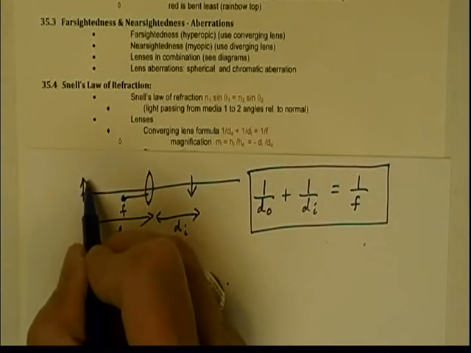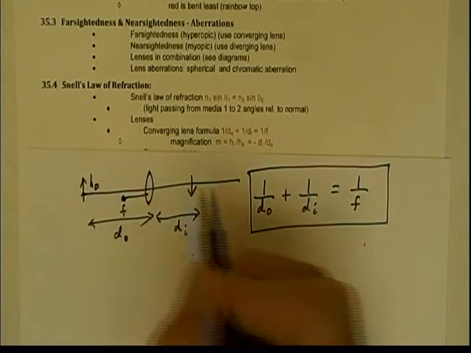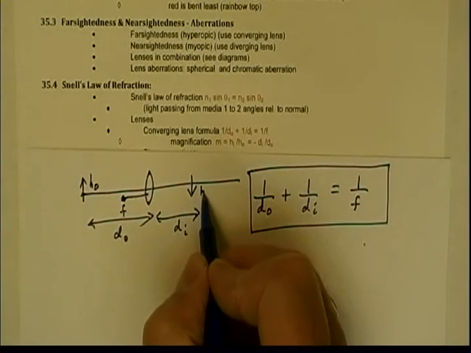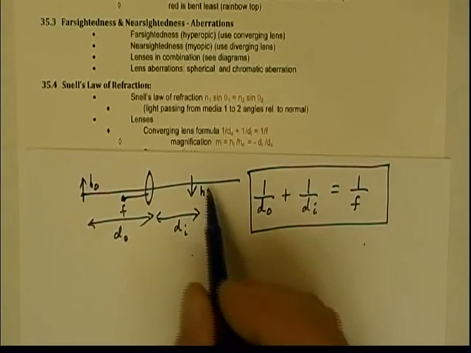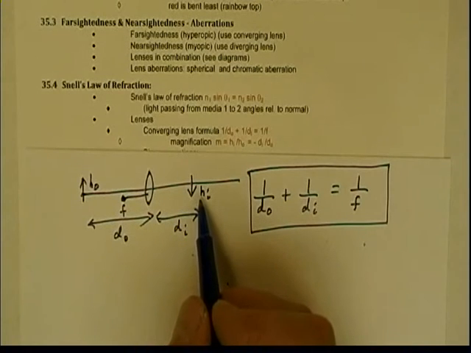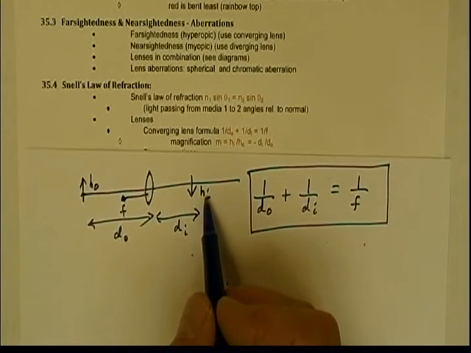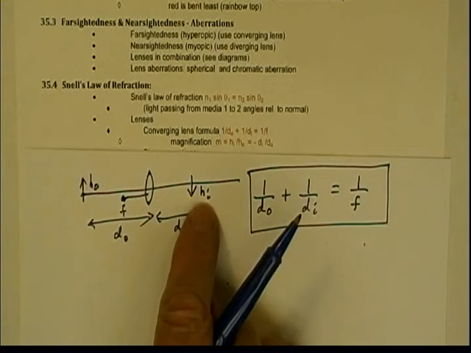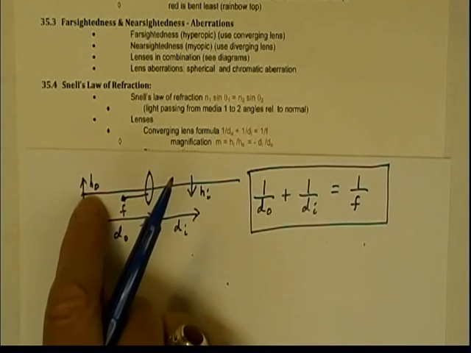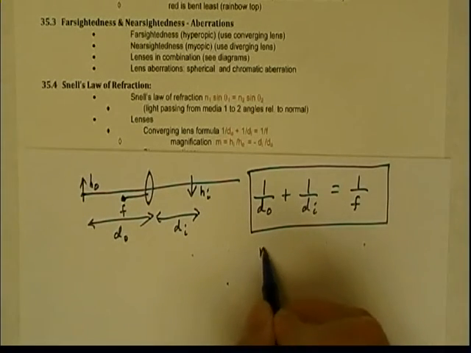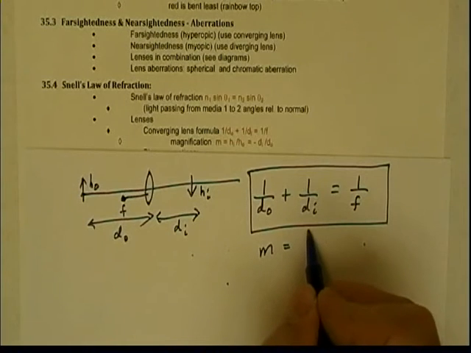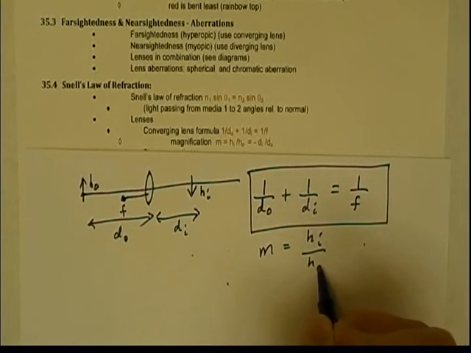Now, if we look at the height of the object, and over here the height of the image, then the ratio of these two is going to give us our magnification. What would the magnification be? Well, we want to know if the image is larger than the object. So magnification is defined as height of the image divided by height of the object.